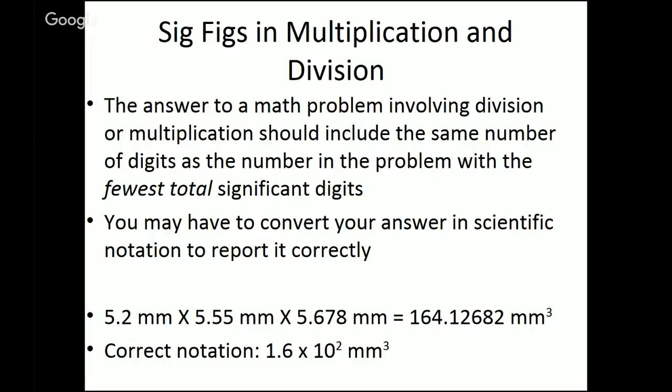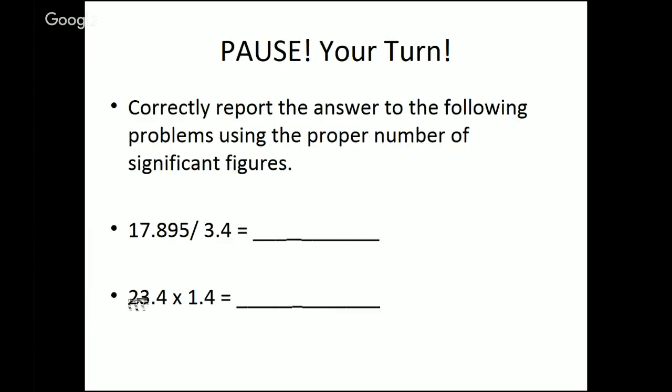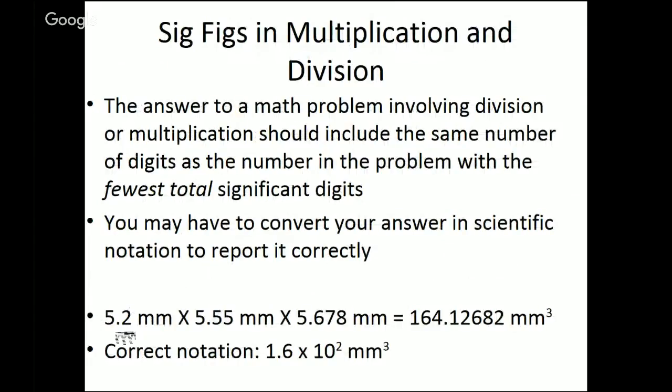But unlike addition and subtraction, you're going to look at the total number of sig figs involved in this least precise number, and you're going to match the total number of sig figs to this number. Okay, so it doesn't matter where the decimal place falls in this case, but since this number has 2 sig figs, your answer is only going to have 2 sig figs.